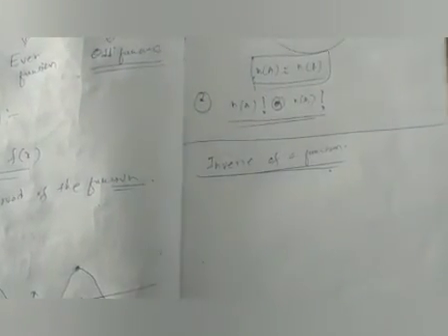The inverse of a function is defined if the function is, firstly, bijective. To have an inverse, the function should be bijective. So how do we find the inverse of a function?